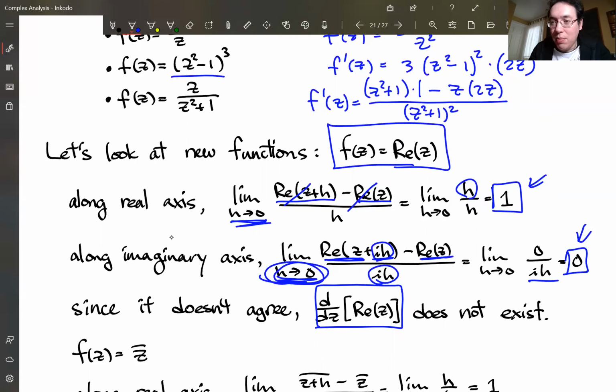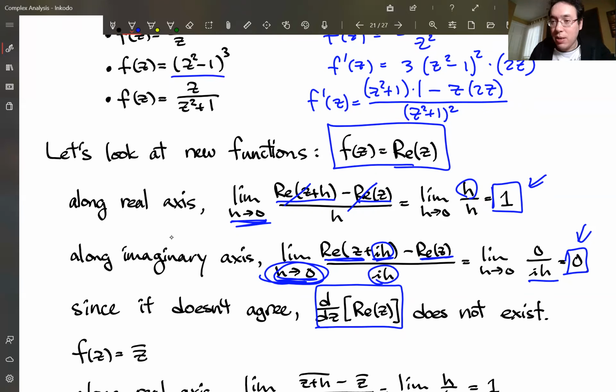Okay. So now this is different, right? The real part of z behaves like the function x on the real line, and the derivative of x is 1. But the derivative in the complex sense of the real part of z does not exist.